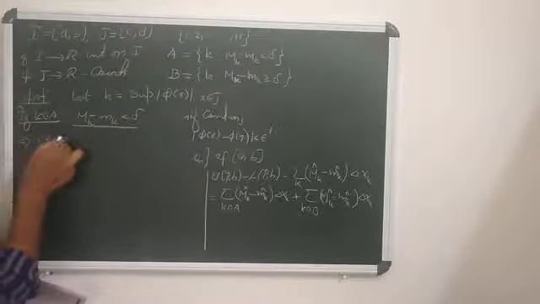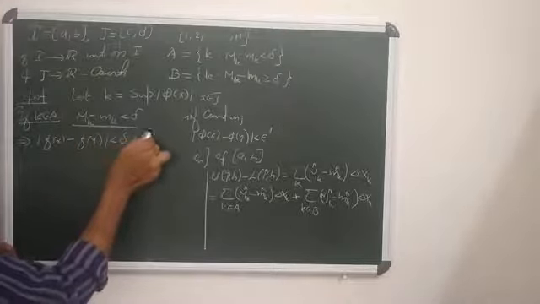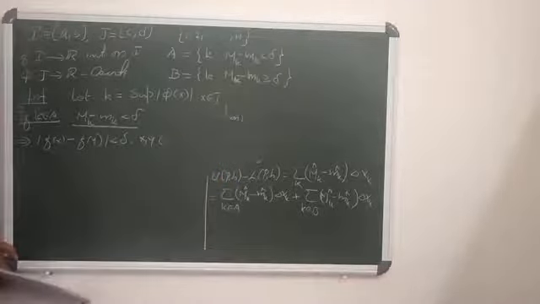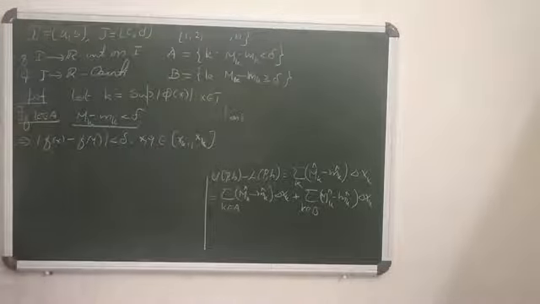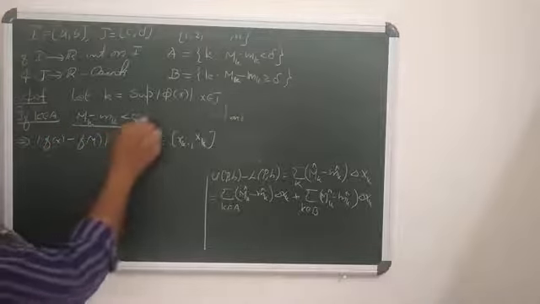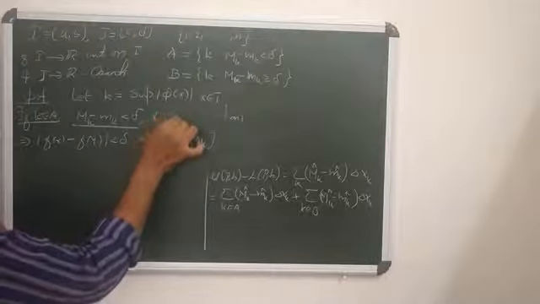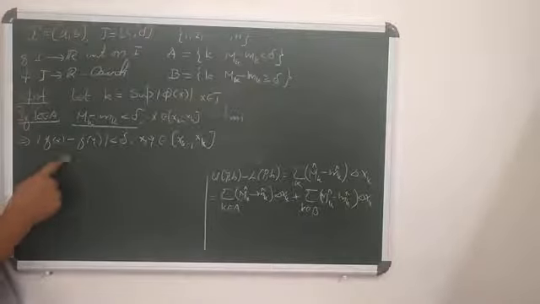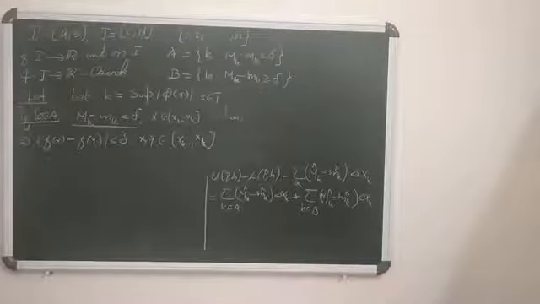That means the modulus of f(x) minus f(y) is less than delta, where x, y are in the closed interval [x_{k-1}, x_k]. So it is the modulus of f(x) minus f(y) less than delta for all x, y in the closed interval [x_{k-1}, x_k].